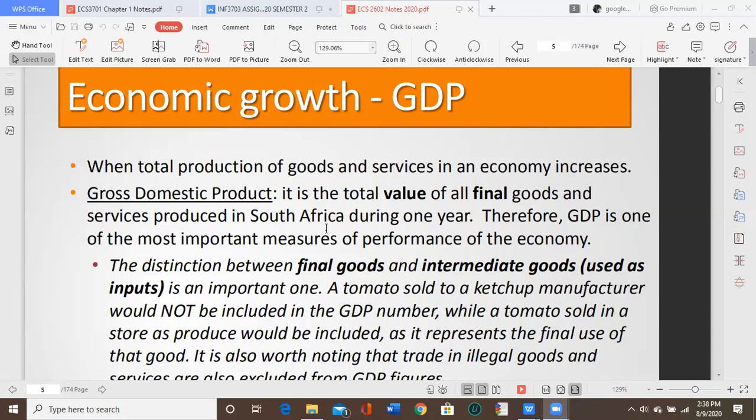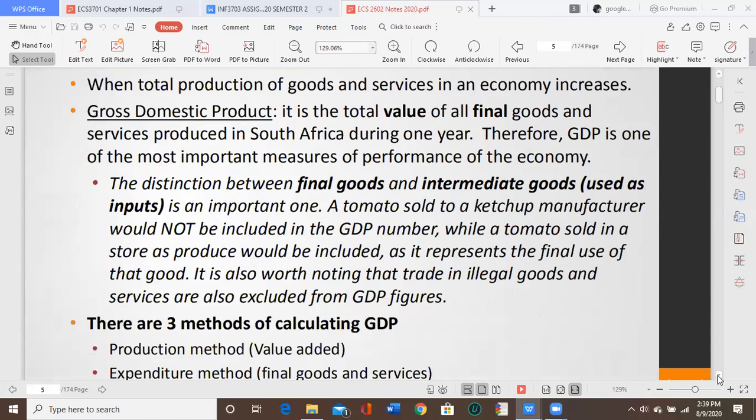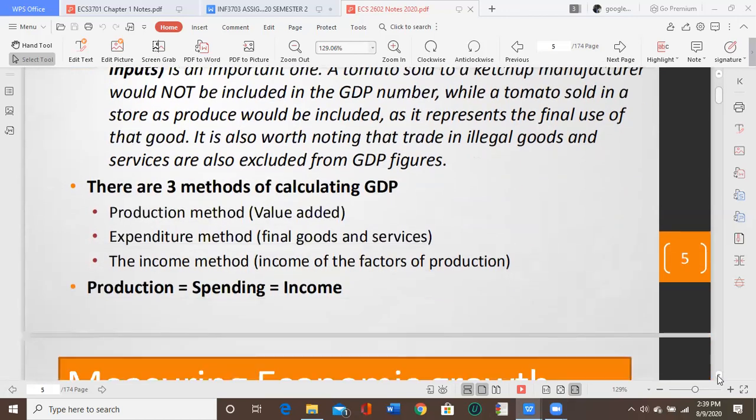That is what we refer to as GDP. So whenever there is an increase in GDP, that's what we refer to as economic growth. However, to calculate GDP, we use 3 methods.